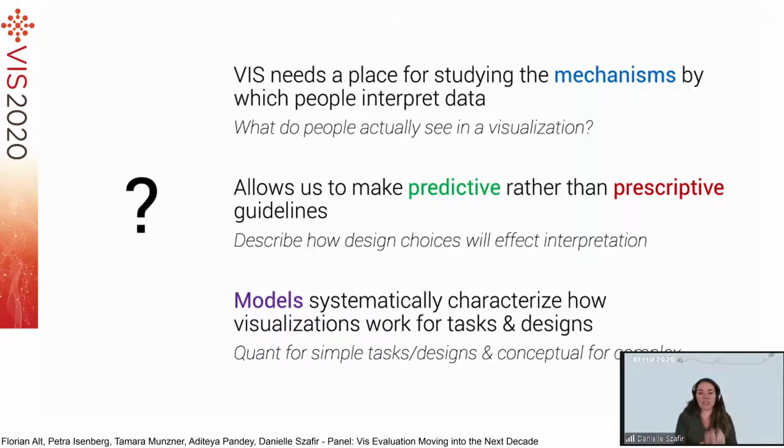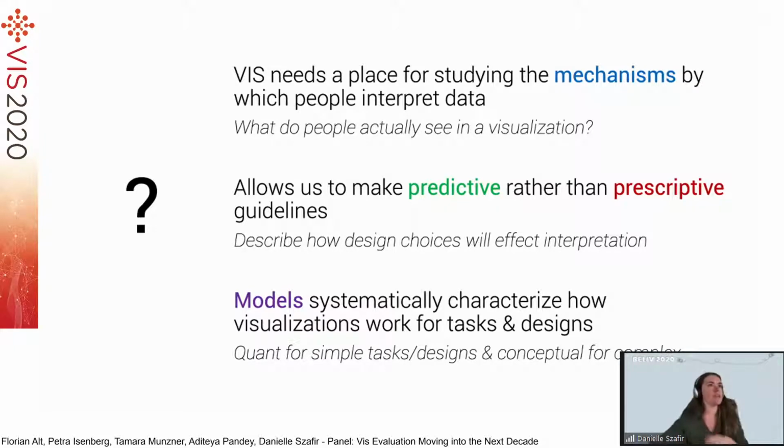That is, we can start to think systematically about how the design choices we make will affect the conclusions that people draw from data. And one thing that I want to be really clear about here is that this is not just a problem for quantitative evaluation, but we can actually think about conceptual modeling as well for thinking more systematically about how our visualization design choices are going to influence the overall efficacy of our final visualization.